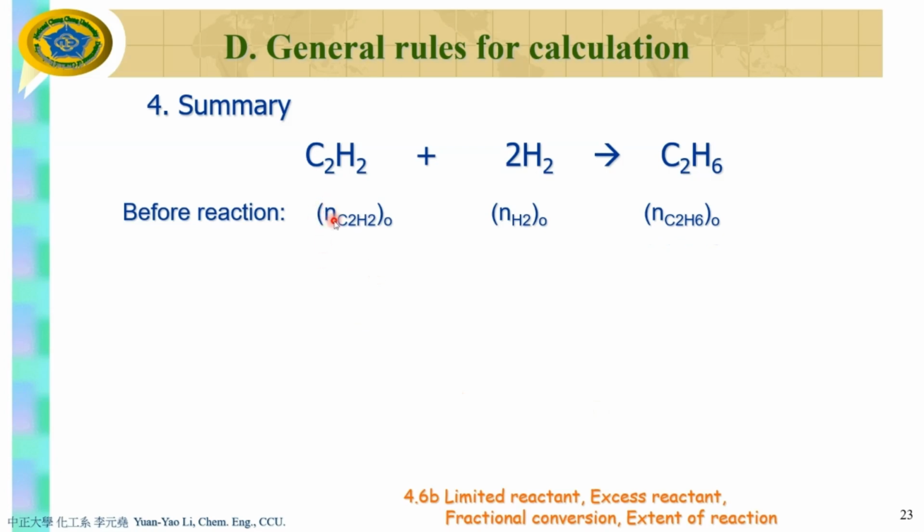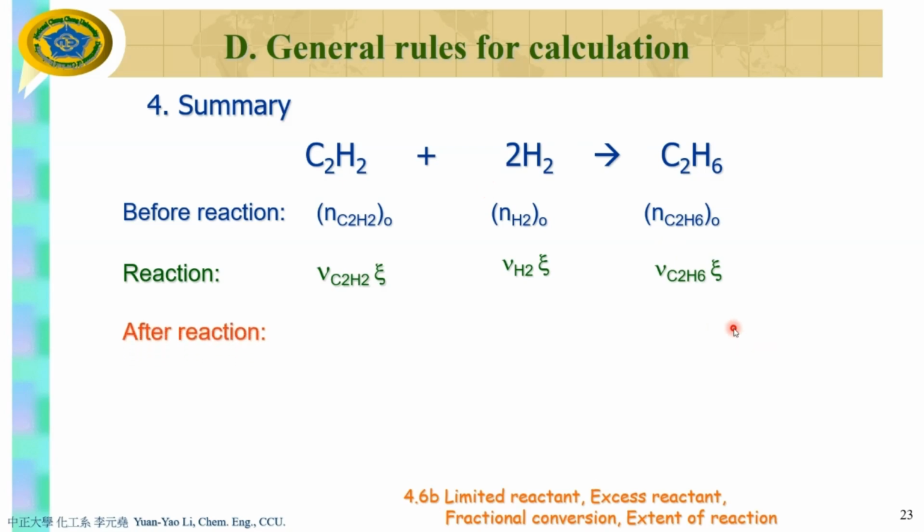This is the input. We have the subscript 0, and 0 means initial, right? And then during the reaction, we understand it is nu times xi. This nu will be -1, this nu will be -2, and this nu will be +1. Negative, negative, positive.